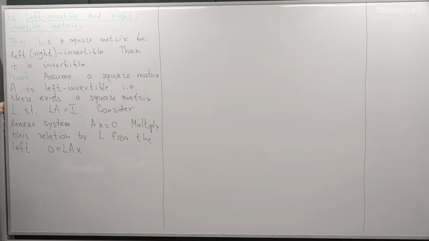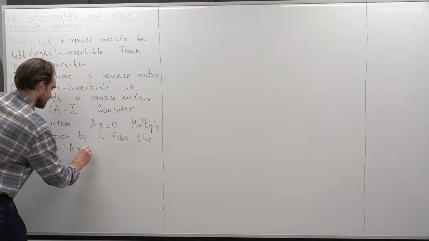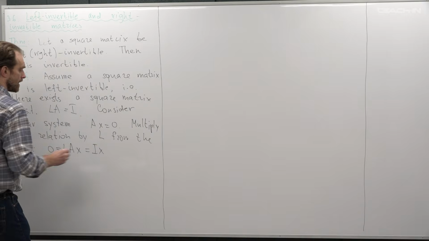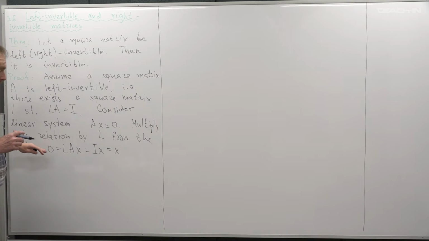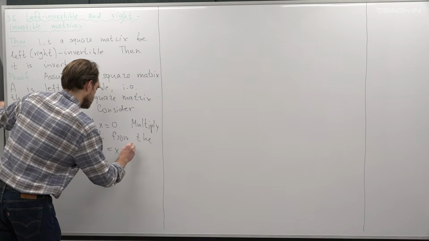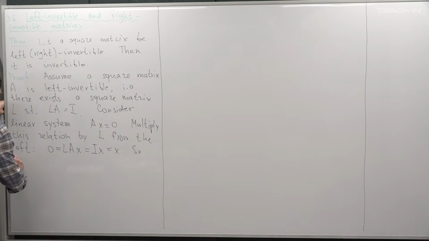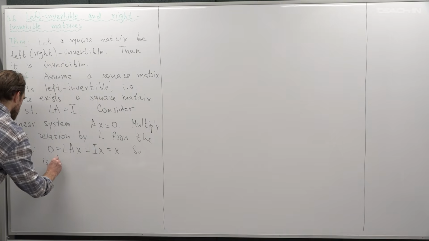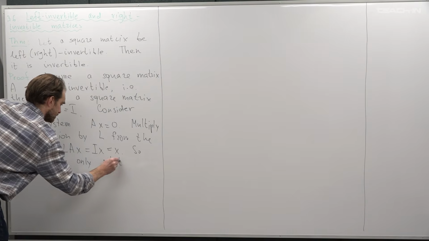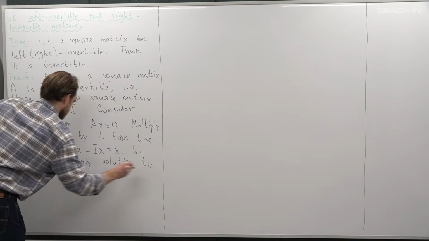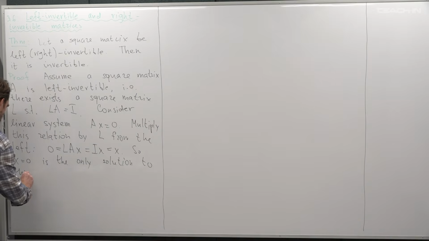We know that L is the left inverse, so this is just the identity multiplied by x, which gives x. Now we see that the only solution to this system of linear equations is the zero solution. So x equals 0 is the only solution to this linear system.